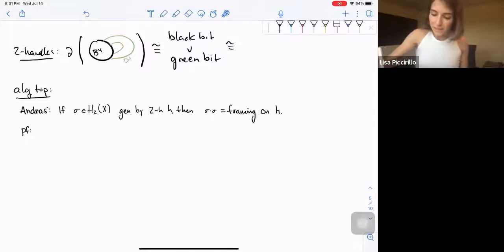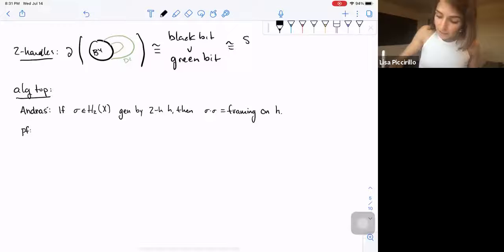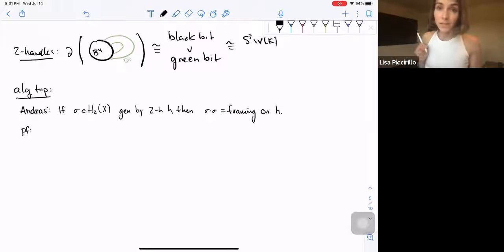So what is this black stuff here? It used to be S3 before we stuck the two-handle along. So what's going to remain in the boundary of this manifold is the parts of S3 that didn't get the two-handle stuck to them. So that's going to exactly be the complement of our knot, right? Everything that didn't get a two-handle stuck to it.